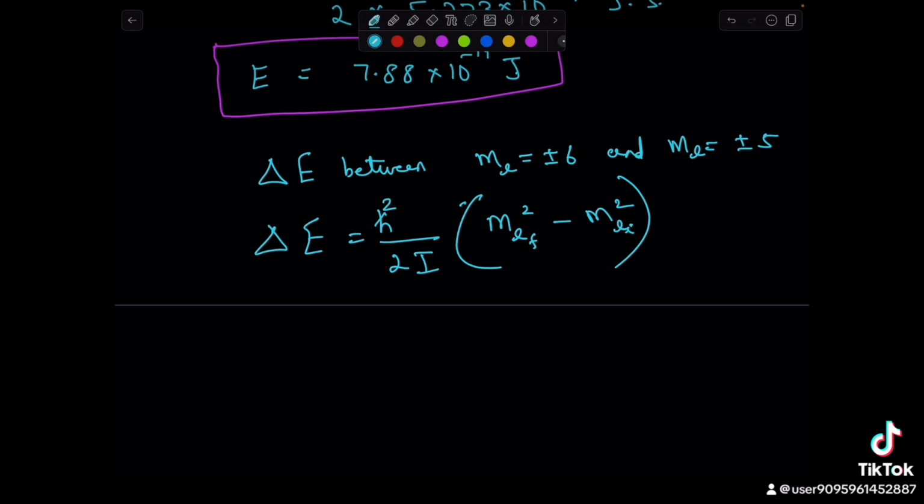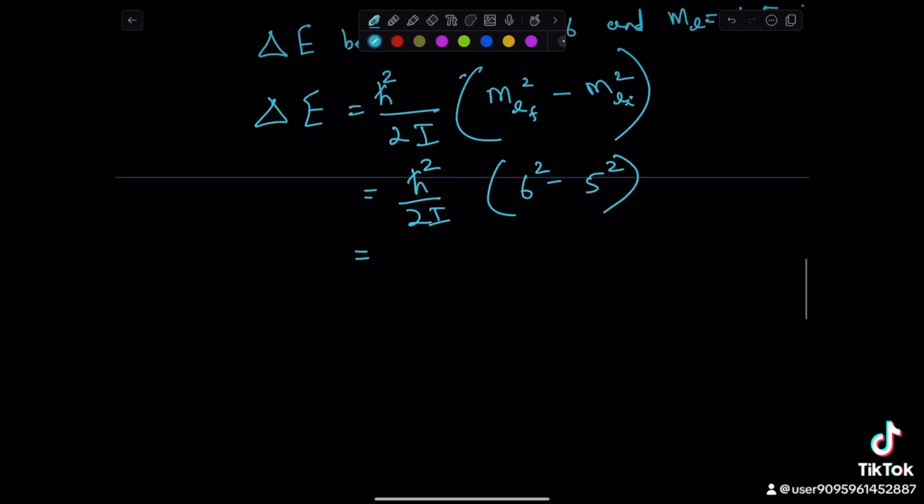So that would be ħ squared by 2I times 6 squared minus 5 squared. Plugging in the values, we get 3.46 times 10 to the negative 19 joules.